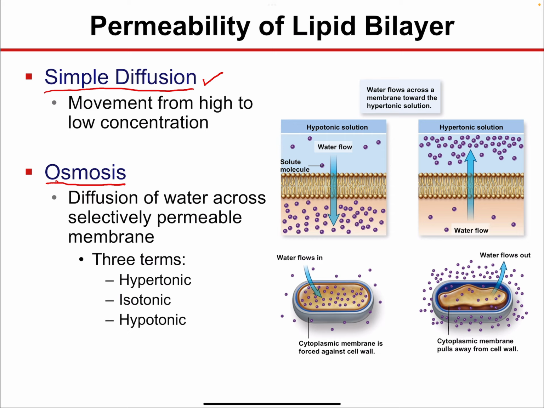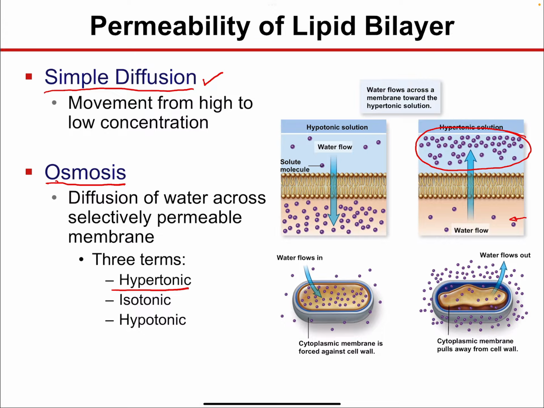If the answer is yes, they are more concentrated outside of the cell, we are going to say that the cell is in an environment that we call hypertonic. So here we have the solute that is highly concentrated outside of the cell, right? While the solute is low concentrated inside of the cell.